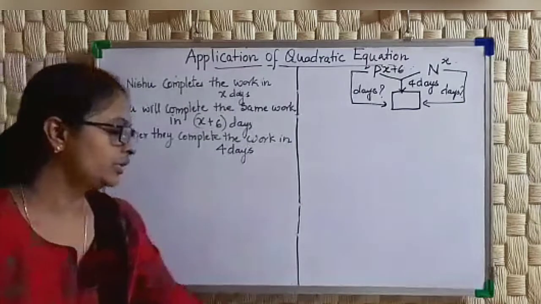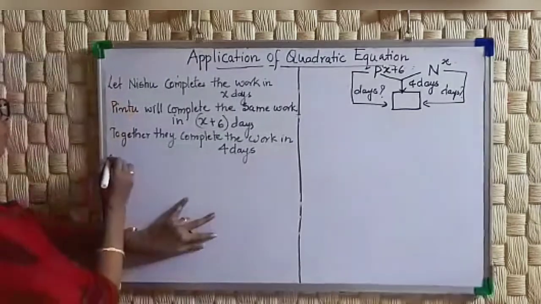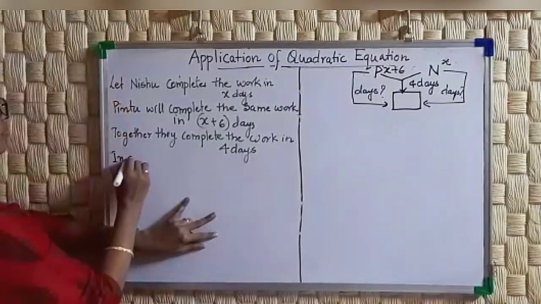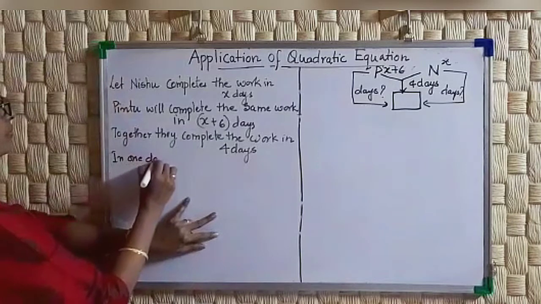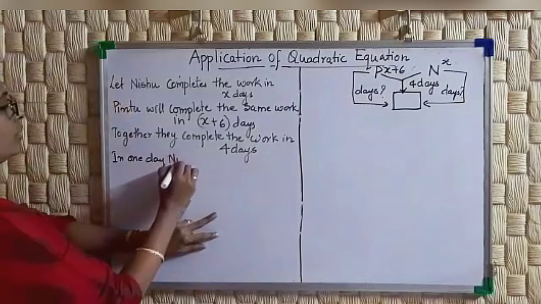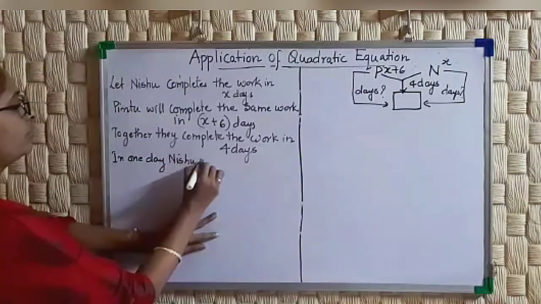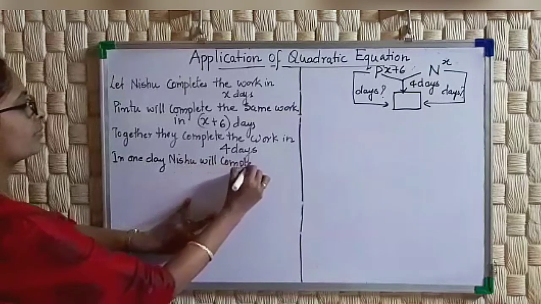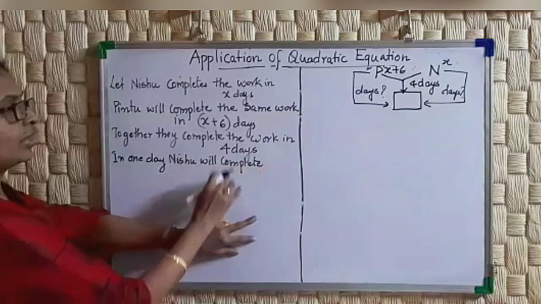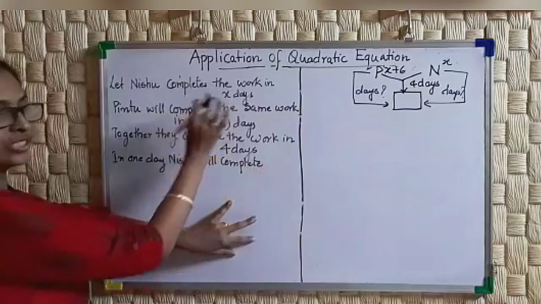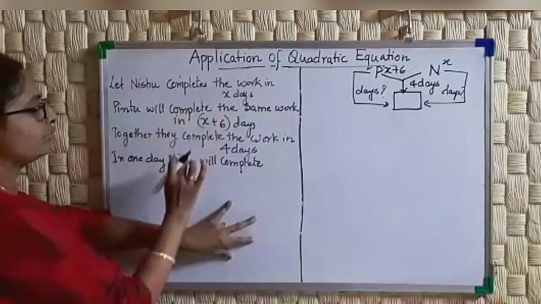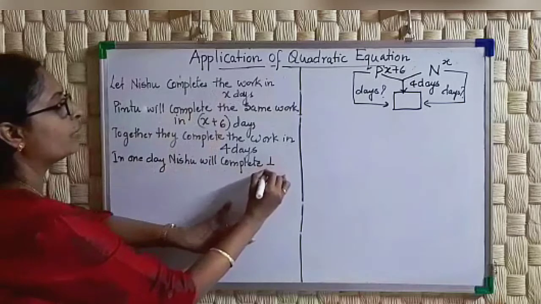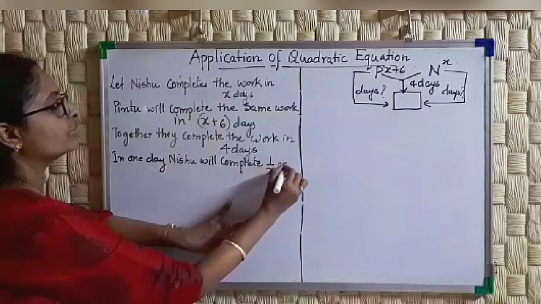So here in 1 day, how much part of the work will Nishu complete? Since she takes X days to complete the work, in 1 day she will complete 1 upon X part of the work.